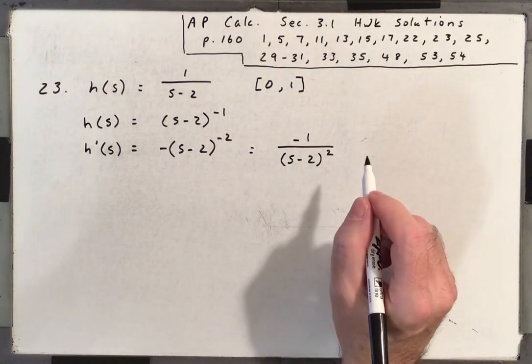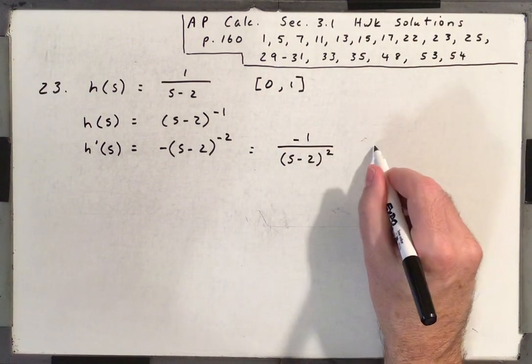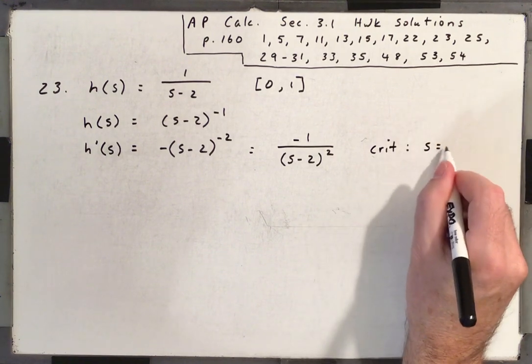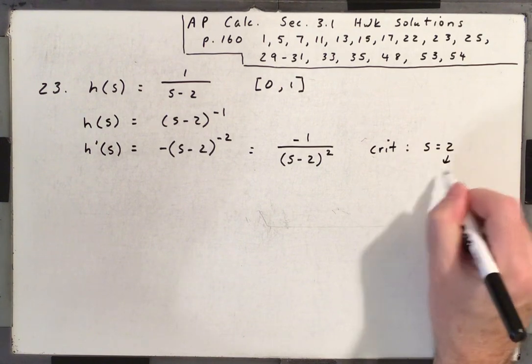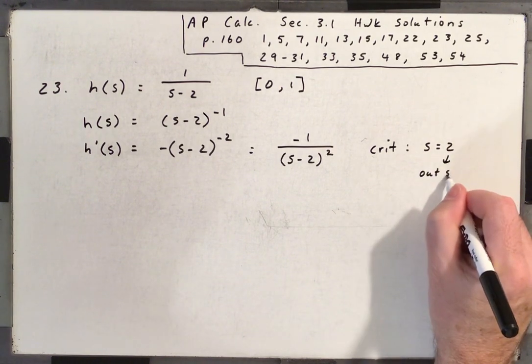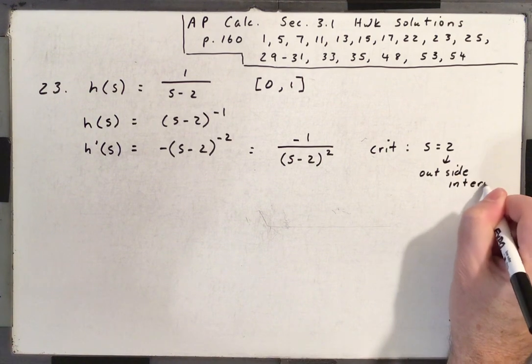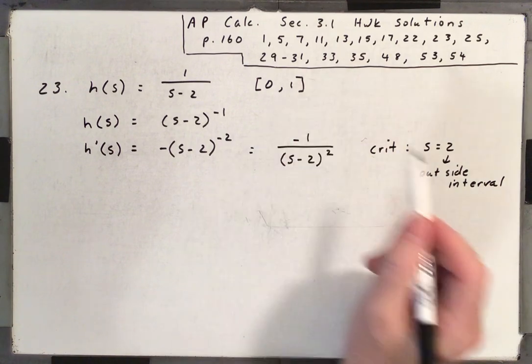Now, we do have a critical point at s equals 2 because that makes the denominator 0, but that is outside the interval. So we don't have to evaluate it. 2 is outside the interval.